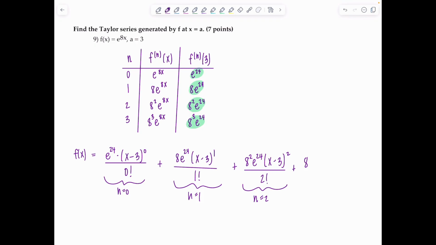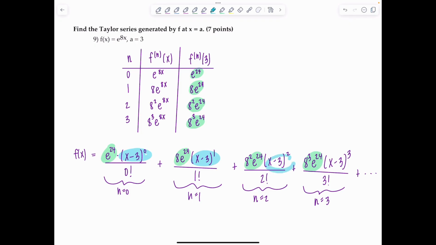Plus 8 cubed e to the 24th, x minus 3 cubed over 3 factorial. This is for n equals 3, and it keeps going. So I want you to see there's 3 components to each term. So I'm highlighting in green what came from the column. Then the next part is we have x minus a to the n, and then we have n factorial.